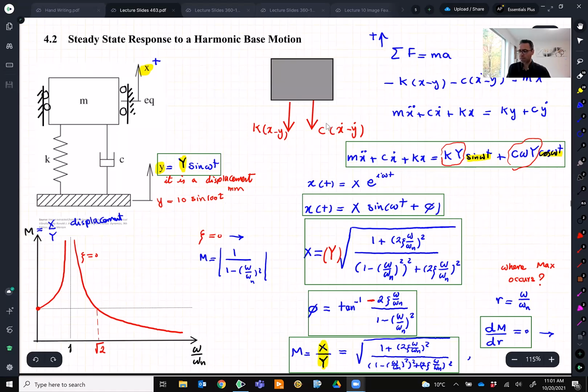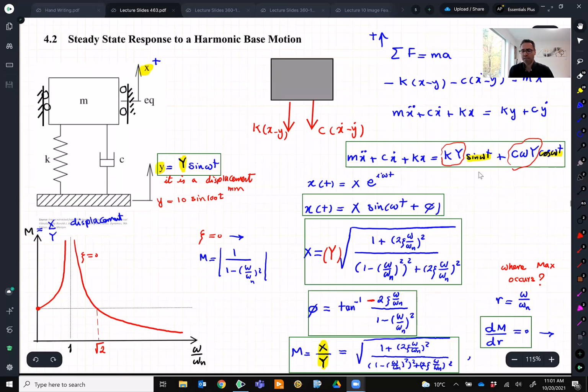So we drew the free body diagrams and we wrote the equations. Turns out that we have sine and cosine, but no problem. We can solve each differential equation individually, and then use the superposition concept.